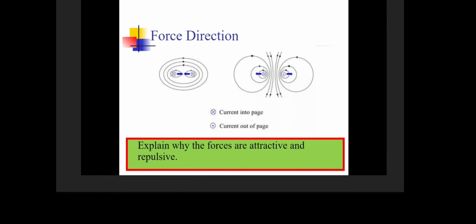Let me bring up the whiteboard. So this is conductor 1, and the magnetic field is going clockwise.